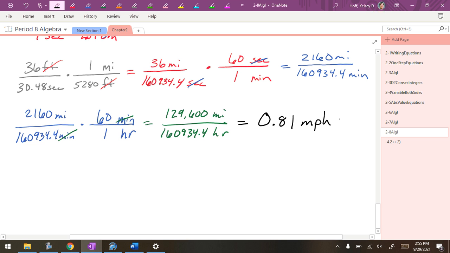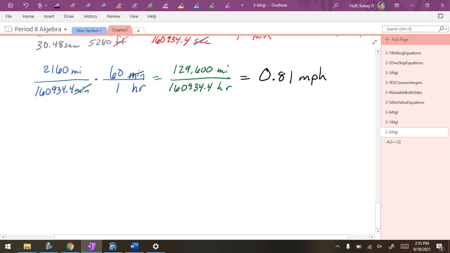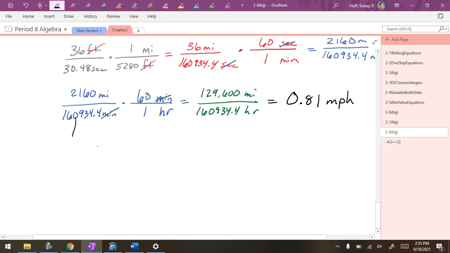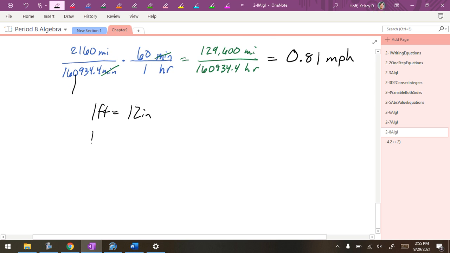Maybe we should write down some quick conversions so you remember things. Okay. 1 foot equals how many inches? 12 inches. 1 yard is how many feet? 3 feet. 1 mile is how many feet? 5,280.